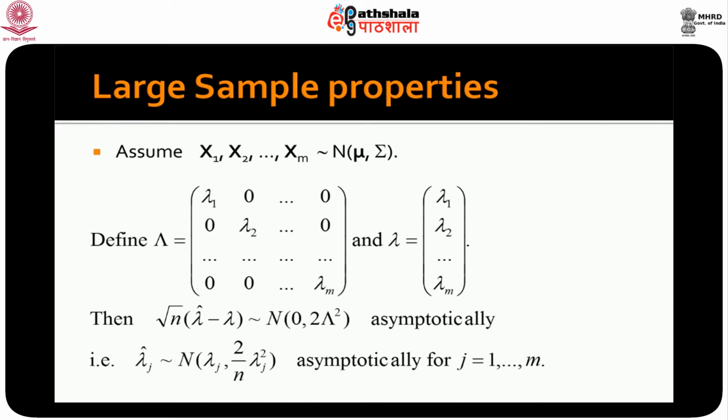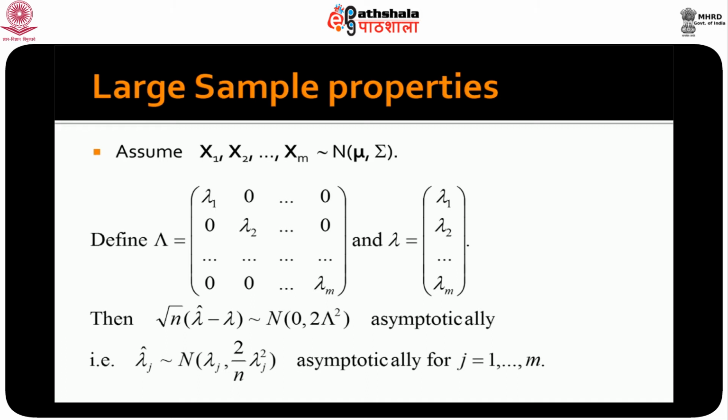Then let us define capital Lambda as a matrix which is diagonal by nature and which has the lambda j's on its diagonal. So it's diag(lambda 1 to lambda m). Again, small lambda is a vector which is composed of these same eigenvalues lambda 1 to lambda m.